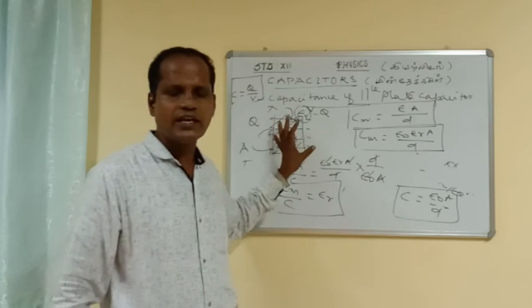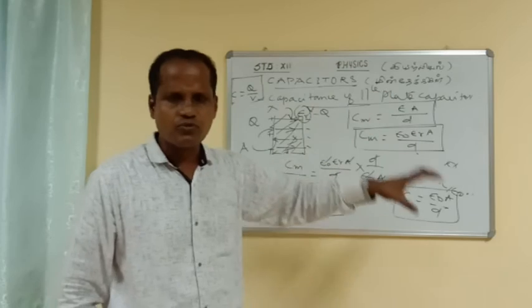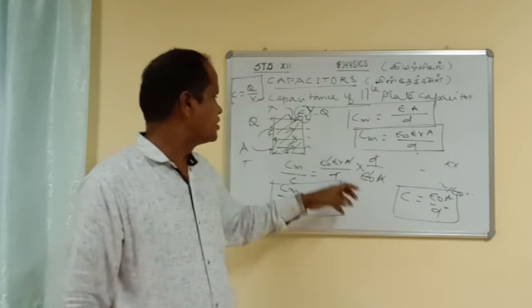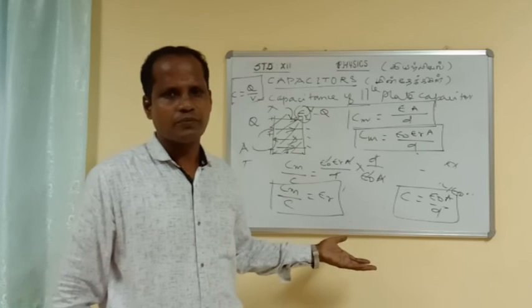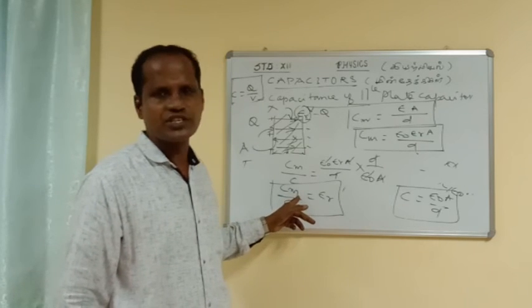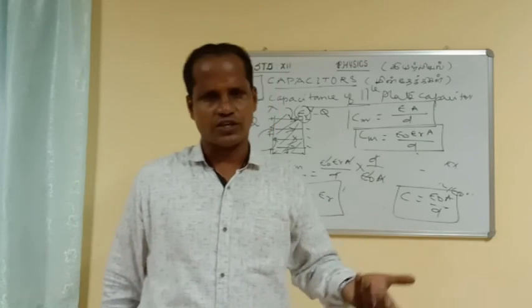First we have to find the capacitance in air, next the capacitance in the medium. For example, take water. So you can keep this system in the water, and we can find out the capacitance Cm. So the ratio of these two gives you the dielectric constant of water.